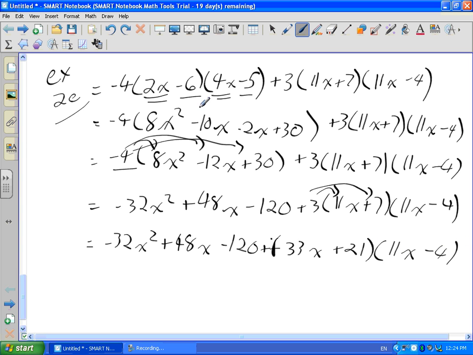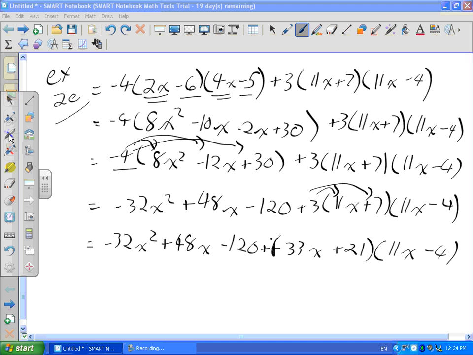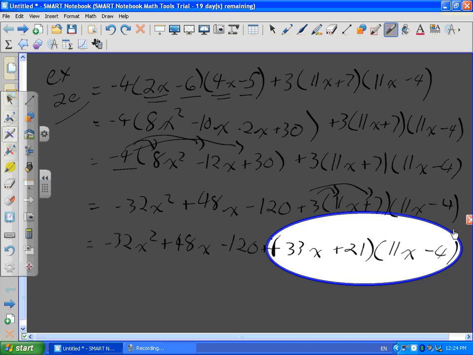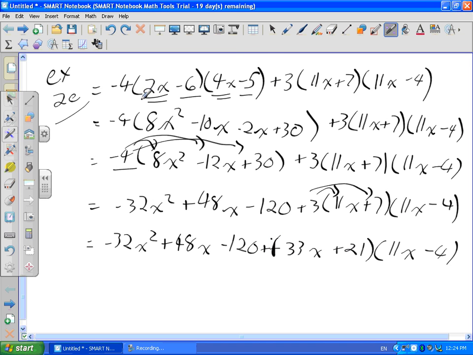So this is still a plus sign here. Now that I've done that and I don't have a common term on the outside, I'm going to FOIL those brackets there. When I FOIL that, they're going to give me a bunch of terms that I'm going to be able to simplify after. So I'm going to do this quickly.